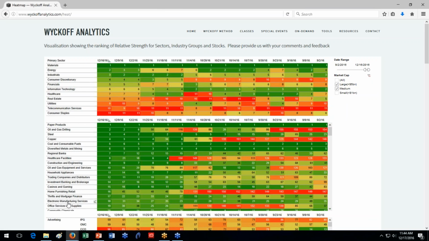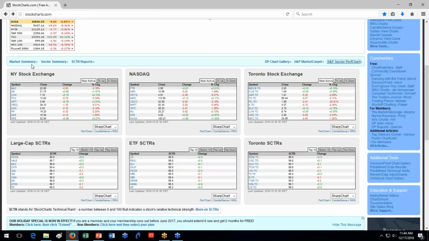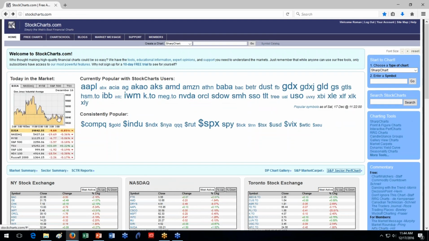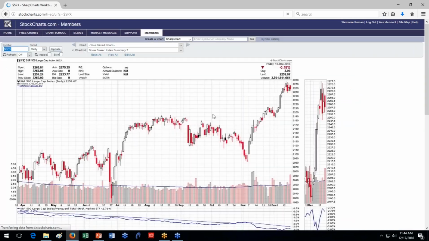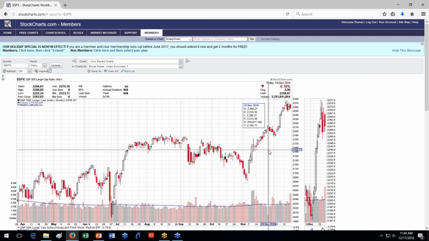So, for instance, again, let's come back to StockCharts. Let's pull out S&P and let's just identify the dates here. So here's this reaction. We are starting the reaction on November 25th, and then it lasts until, we might say, this day, which is the reversal date, December 5th.